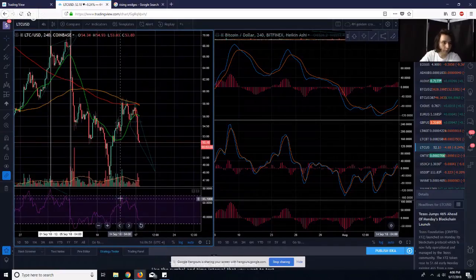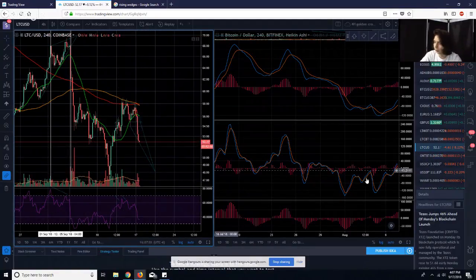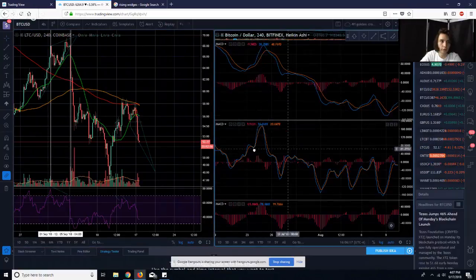We have a high for Litecoin. Then we have a higher low right here. But I don't think we're done dropping yet. We could drop more. Not enough time has passed to determine where we're going for Litecoin.